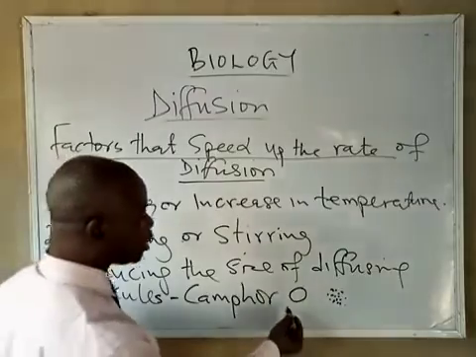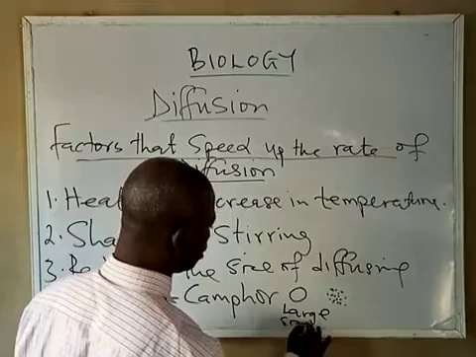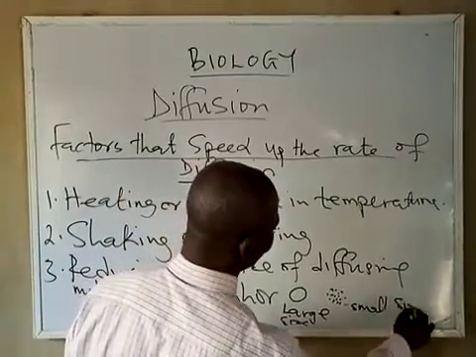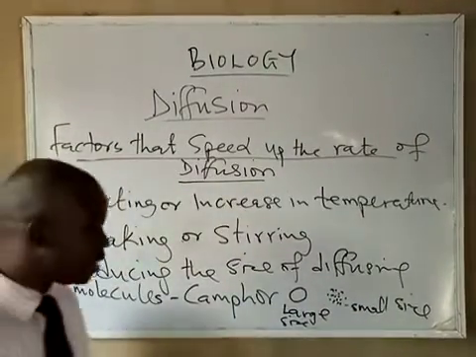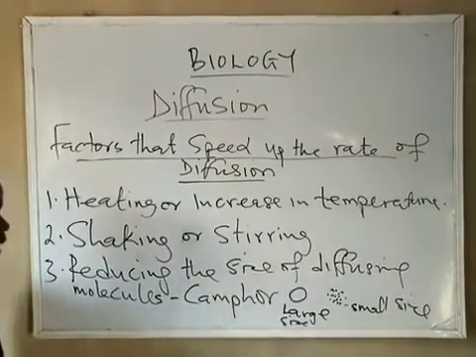So we see that the size of the molecule, this is the large size. These are small size. So molecules that are small in size will diffuse faster than molecules that are large in size.